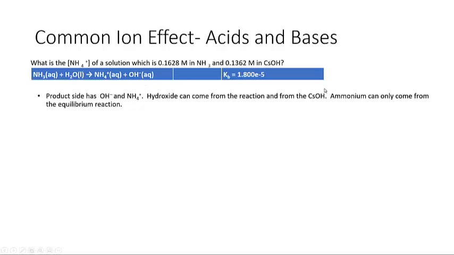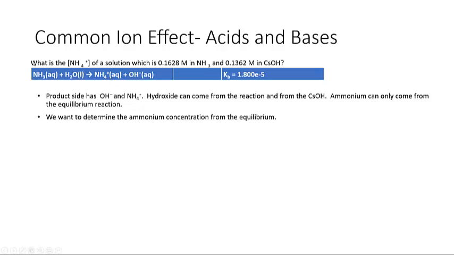But we also have some cesium hydroxide in there, which can supply 1-to-1 amounts of hydroxide. So the fact that we're after ammonium, of course, it can only come from this equilibrium. Cesium hydroxide contributes hydroxide, which contributes to the equilibrium amounts of everything there too.